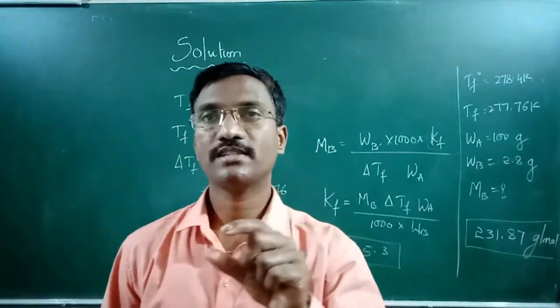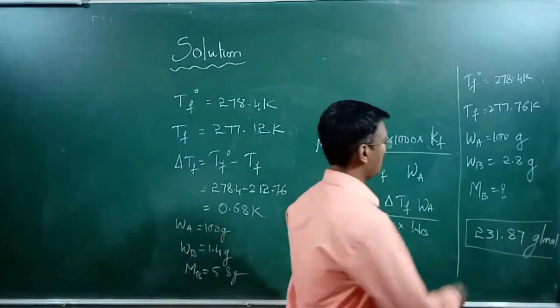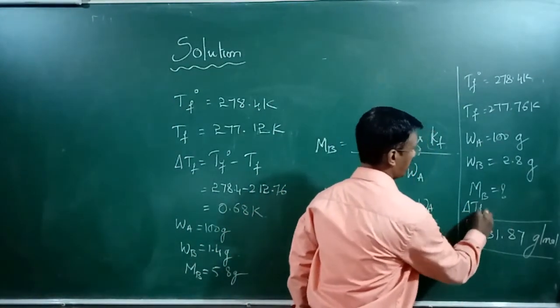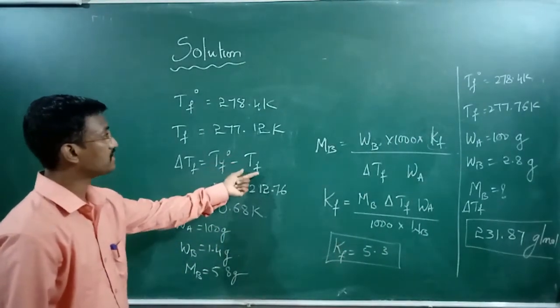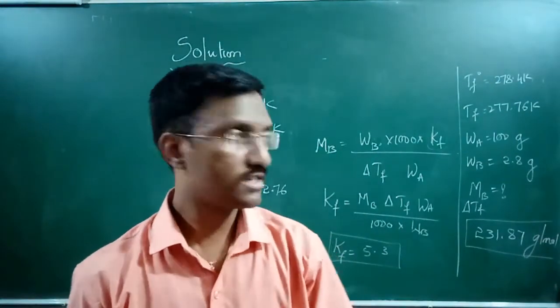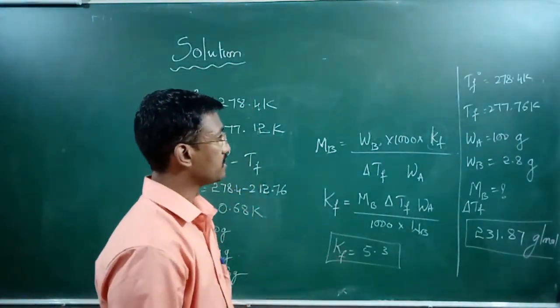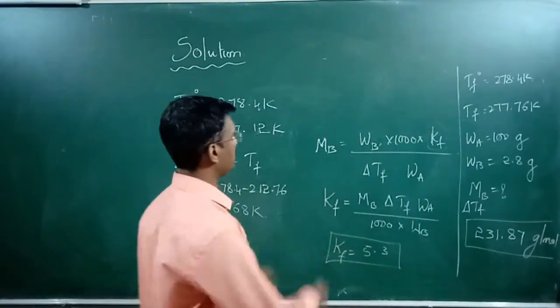For that reason, you have to calculate delta TF using these two conditions. That is, delta TF can be calculated by the formula delta TF naught minus delta TF. We just calculate that, that is delta TF, and using this delta TF you can calculate the MB. MB's formula is here.